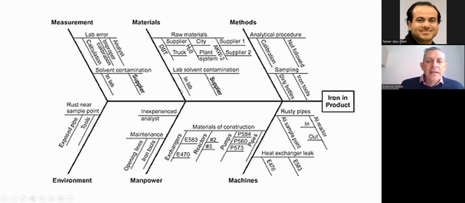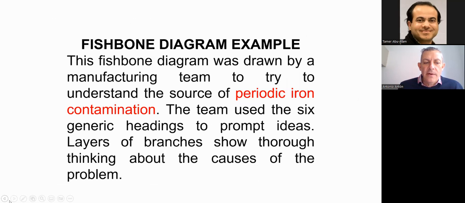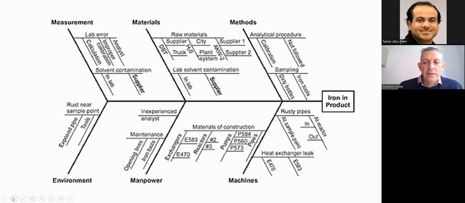Then, in terms of materials, perhaps we talk about lab solvent contamination as well, from the lab or suppliers, or raw materials, for instance different raw materials that come from the supplier 1 or supplier 2, where the iron contamination in the product is found.